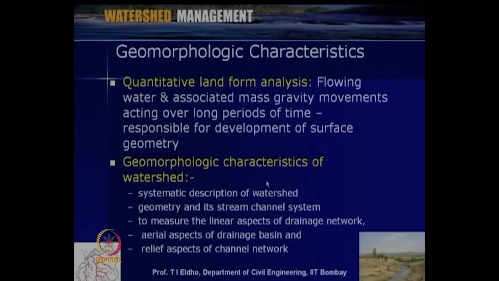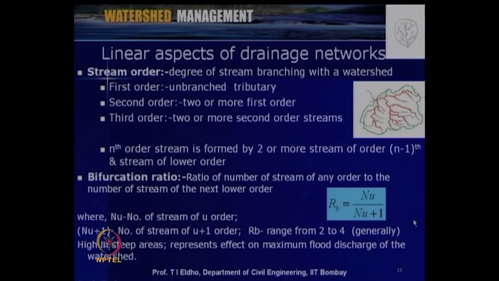These are some of the important geomorphological features of the watershed. We will have a detailed discussion of the linear, aerial and relief aspects. First, let us look into the linear aspects of the drainage network.